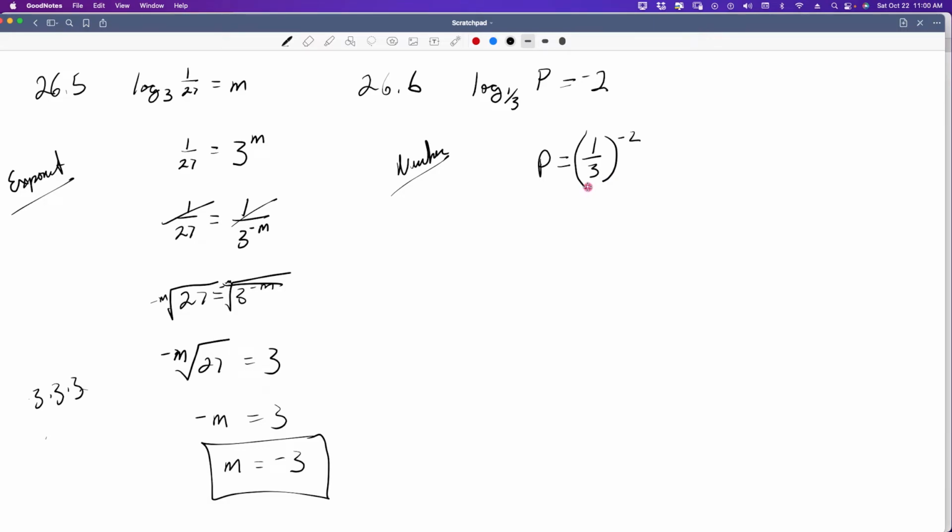So the first thing we do is apply that exponent to this part right here. So p is equal to 1/3 to the -2. And when we flip this, p is equal to 3 squared. So p is equal to 9.